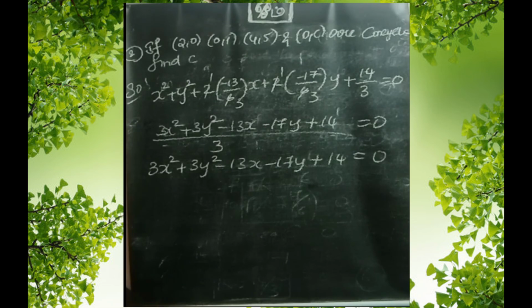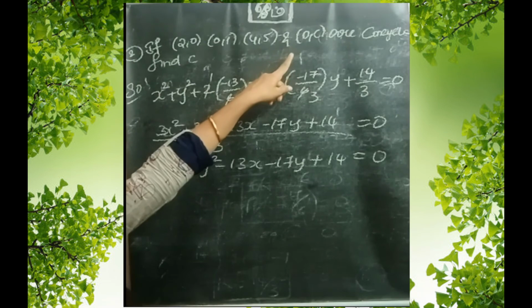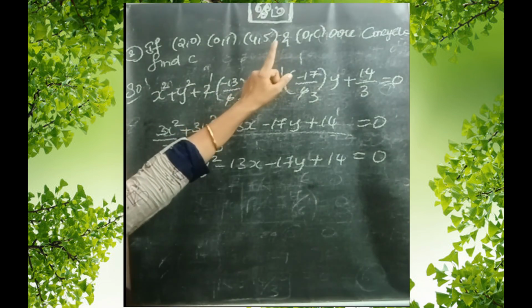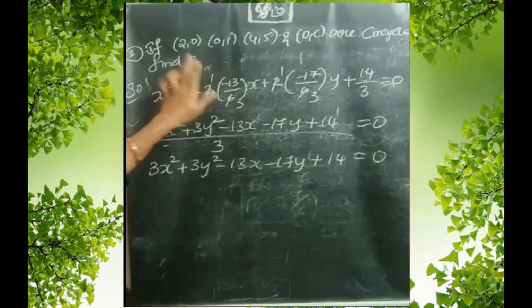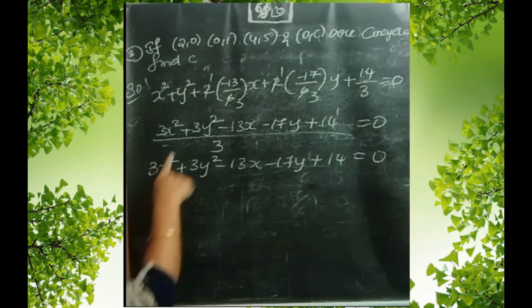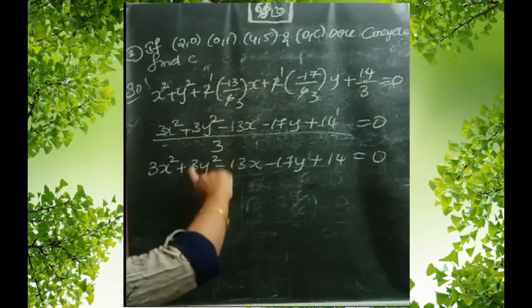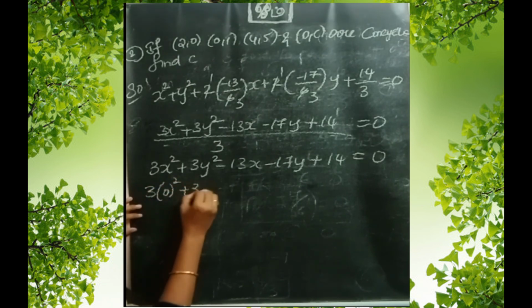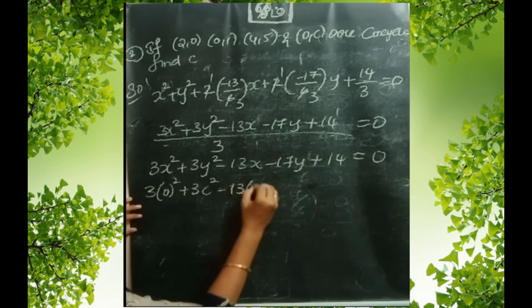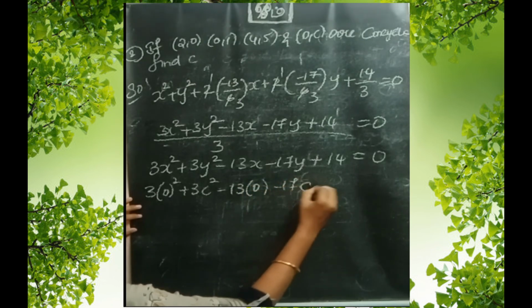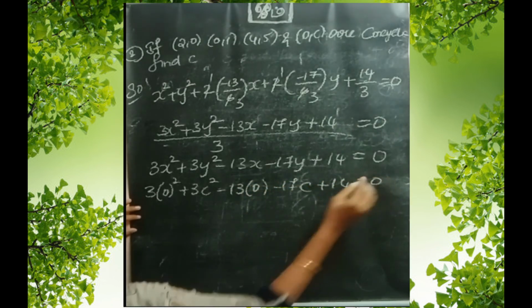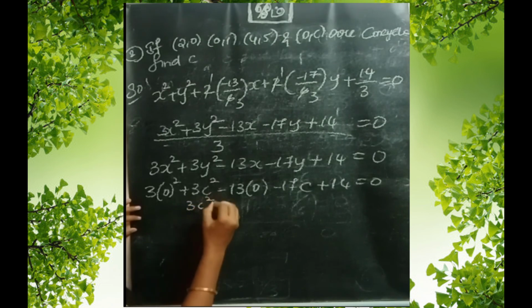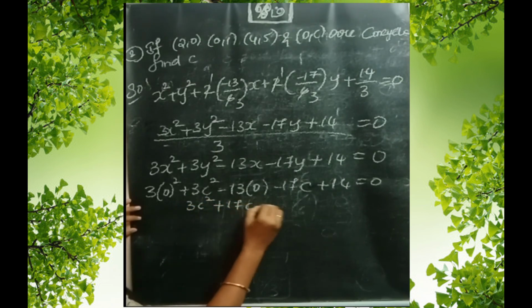Now we have to substitute the value of the fourth point. What they have given is 0, c, and we have to find the c value. Now substitute x in place of 0, y in place of c. 3c square minus 13 into 0 minus 17c plus 14 equals 0. 3c square minus 17c plus 14 equals 0.